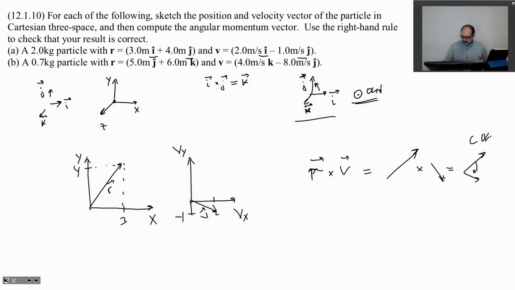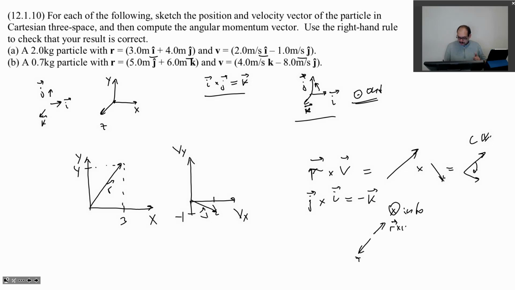So it will point towards negative k, but of course you could get the same from this consideration. If i times j equals k, then you flip, j times i equals negative k, and that's it. That gives you the direction into the screen, or opposite to z.